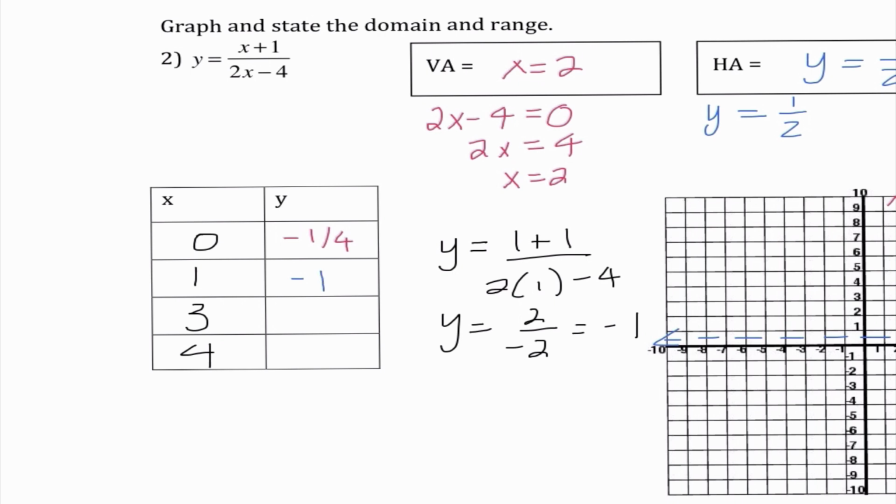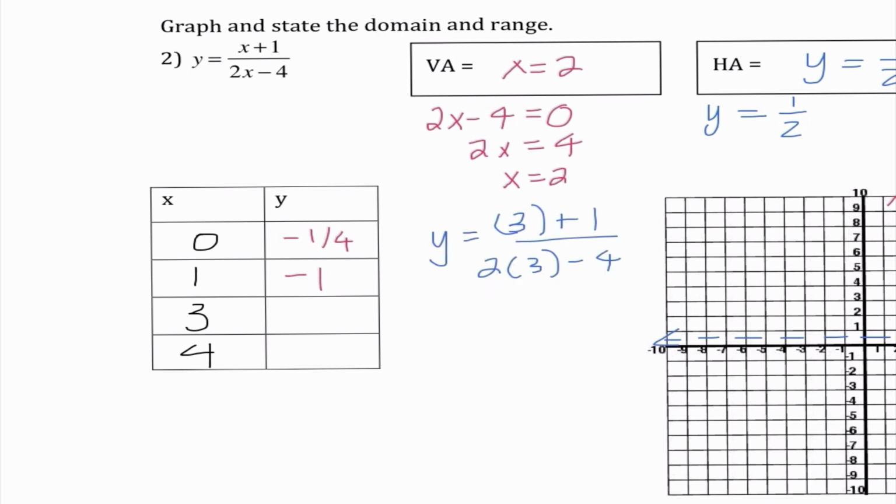So we also have an ordered pair of (1, negative 1). Now I'm substituting in 3, so I get 4 over (6 minus 4), which is 4 over 2, which is 2. So (3, 2) is also an ordered pair.